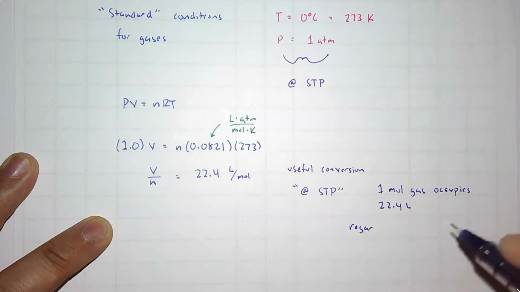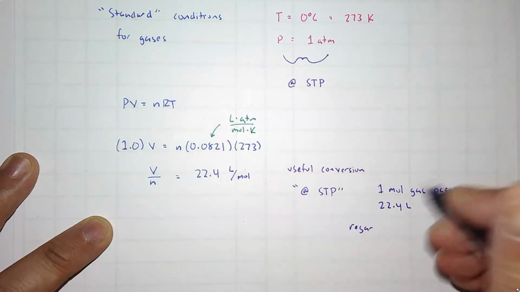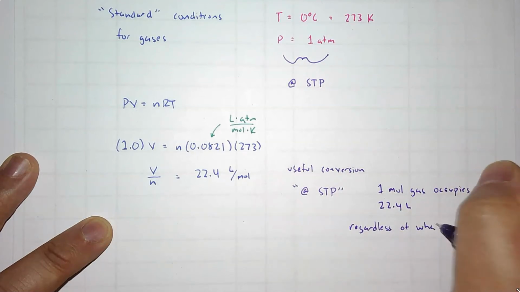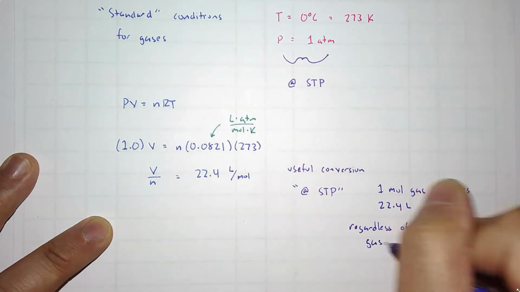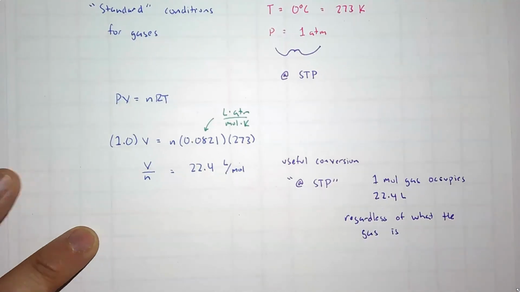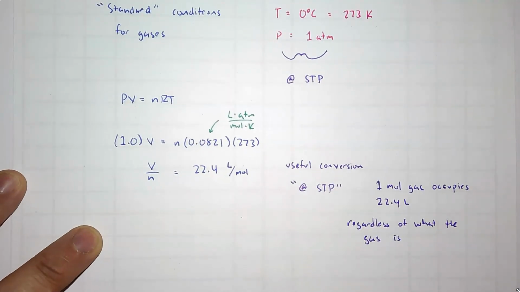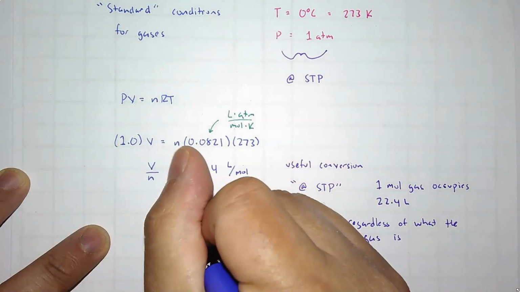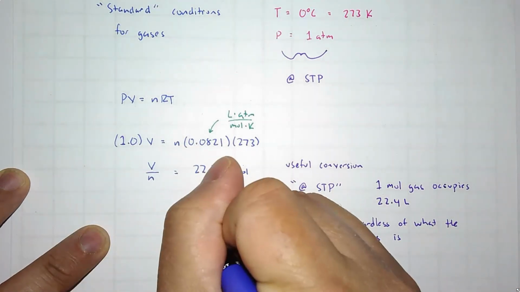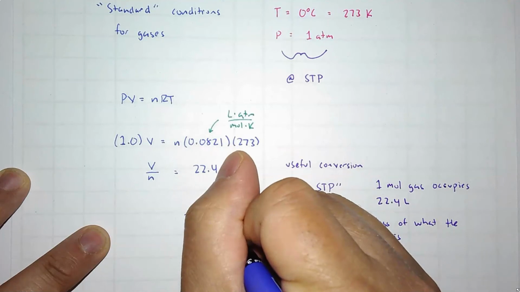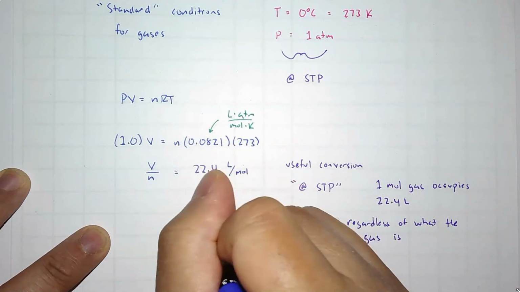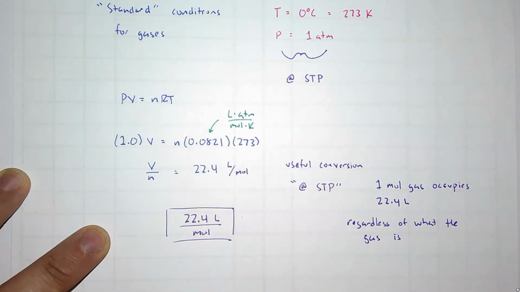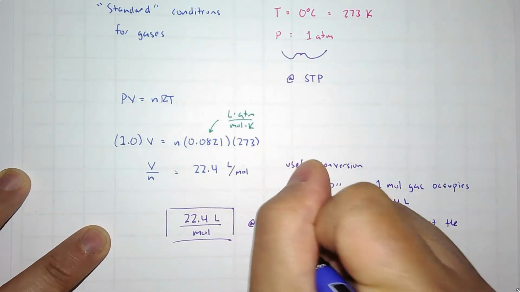It could be helium, it could be H2, it could be N2, regardless of what the gas is. So let us make a purple box. Purple boxes typically for me are the conversions, and we'll just put simply 22.4 liters per mole. But remember, it has to be at STP.